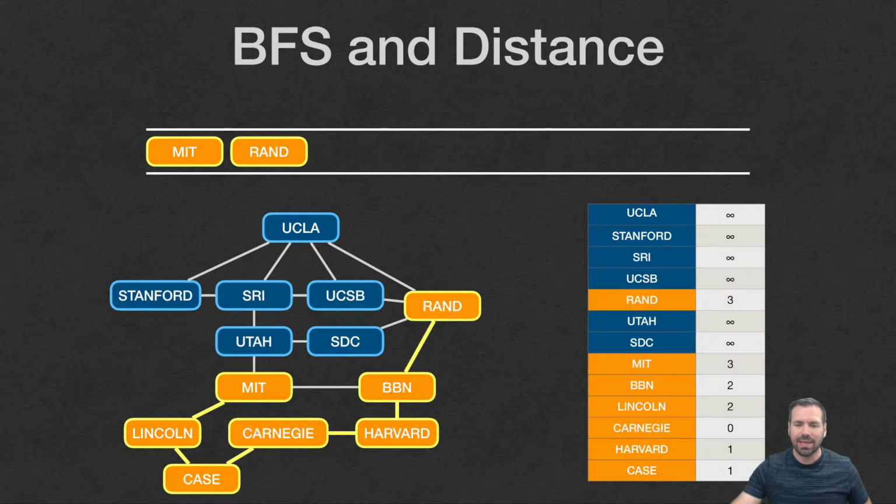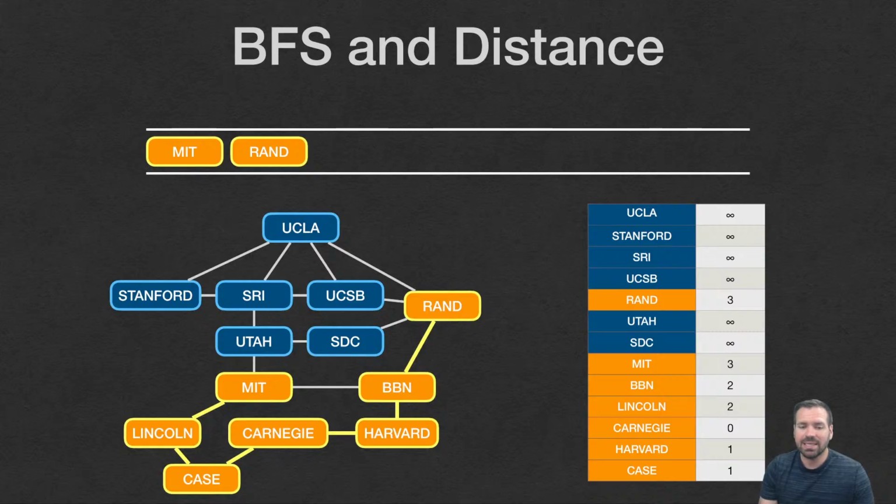This is how we can calculate distance in our nodes. So how do we know MIT, we gave it distance 3. How do we know for sure it's distance 3? Well, because it was explored by a node of distance 2. And if we're guaranteed to be dequeuing nodes in distance order, the fact that we're dequeuing a node of distance 2 means we've already processed all of the nodes of distance 1 and 0. And while processing the nodes of distance 1 and 0, we did not explore MIT.